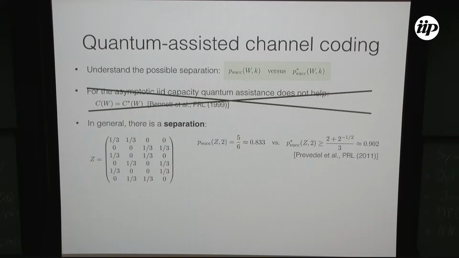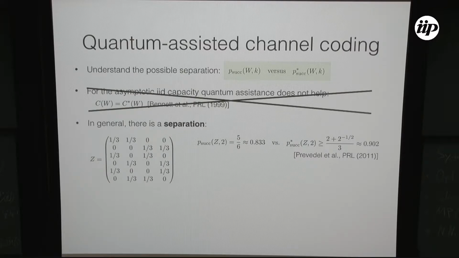For the rest of my talk, I'm going to assume that the classical value p, which might also be hard to compute, is known. We know p, but we're interested in how large p star becomes and how large the gap becomes.